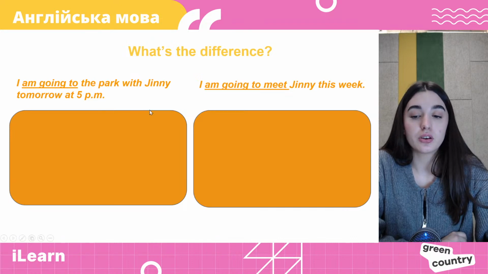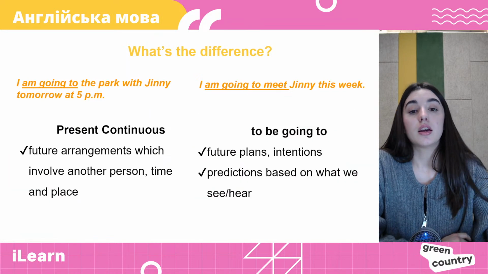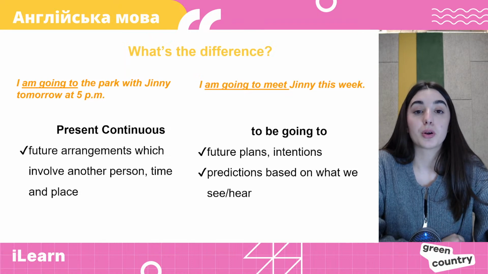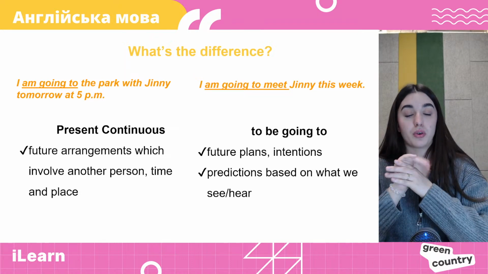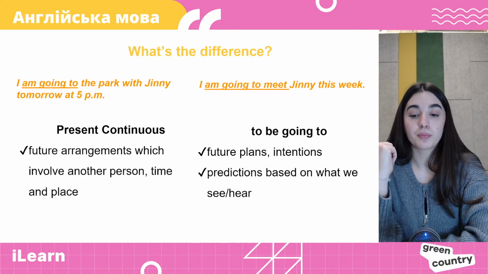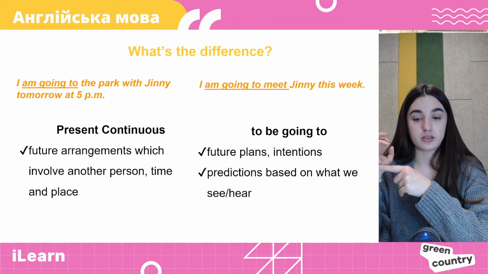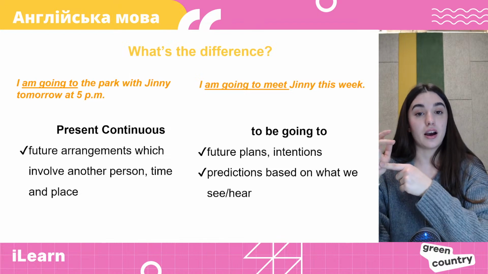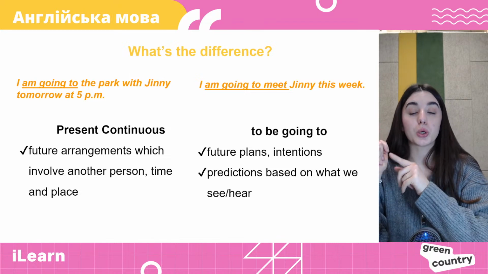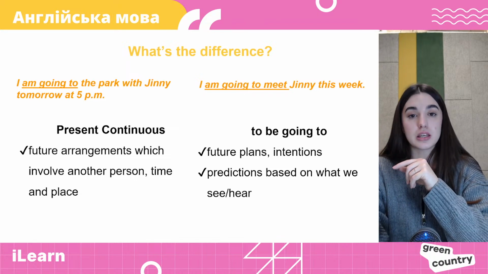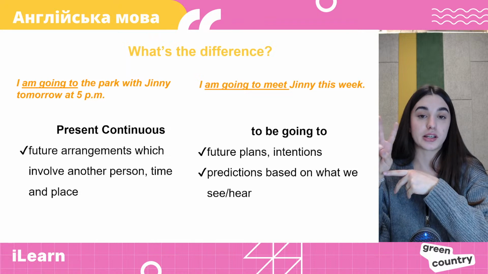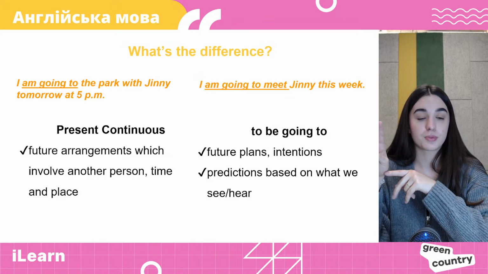So, here are our answers. In the first case, we use present continuous because we are talking about future arrangements that were made in the past, we planned them earlier, which involve another person, Jeannie, time at 5 p.m. and place, park. So here you can see that we have 3 main things that should be in present continuous for future arrangements.